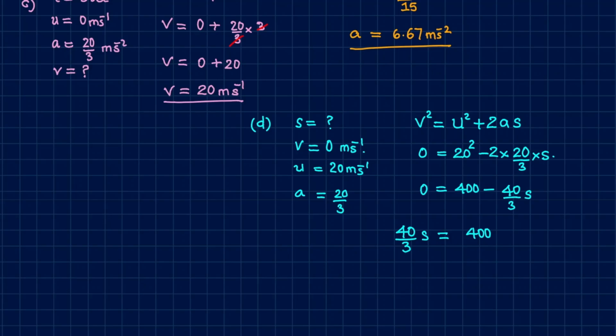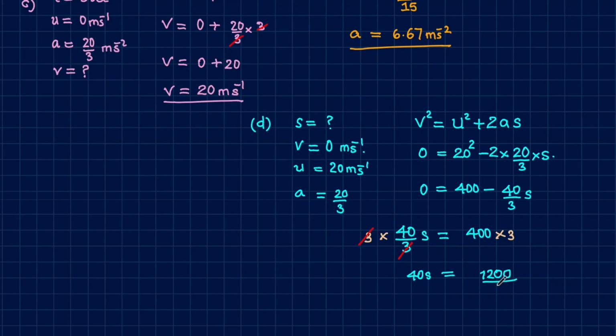Now we have a small task of multiplying this by 3 to remove the denominator, and also the right-hand side by 3. The denominator 3 goes with the 3 we're multiplying with, and we have 40 S, and when you multiply that, you get 1200.